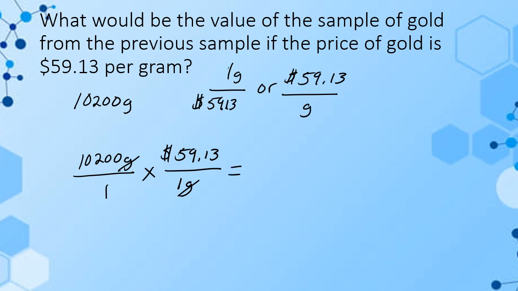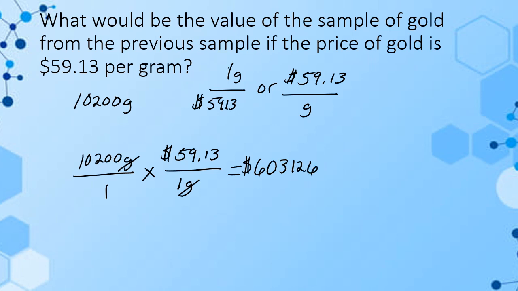And we see that the problem tells us to do 10,200 times 59.13. Divide it all by 1 times 1. We don't really have to worry about that. 10,200 times 59.13. Well, I show that as $603,126.